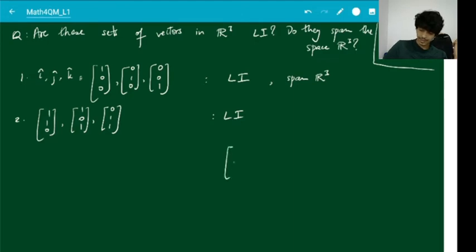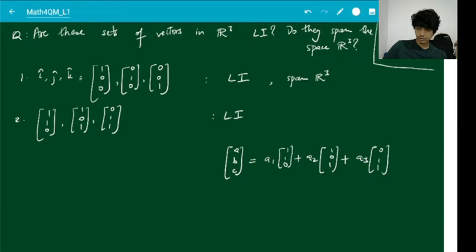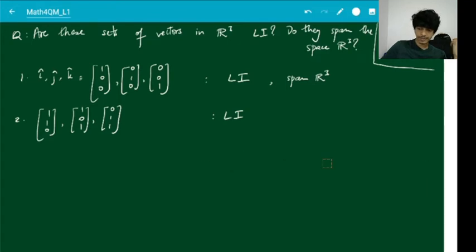You take in general any vector A, B, C in R3, and you want to be able to write it as A1 times the first basis vector, A2 times the second basis vector, A3 times the third basis vector. So you want to find A1, A2, A3. You'll get 3 equations in 3 unknowns. You see if you can find a solution for A1, A2, A3. If a solution exists, then that means any vector ABC you can write in terms of these 3 basis vectors. So you will have proved that these 3 vectors indeed do span R3.